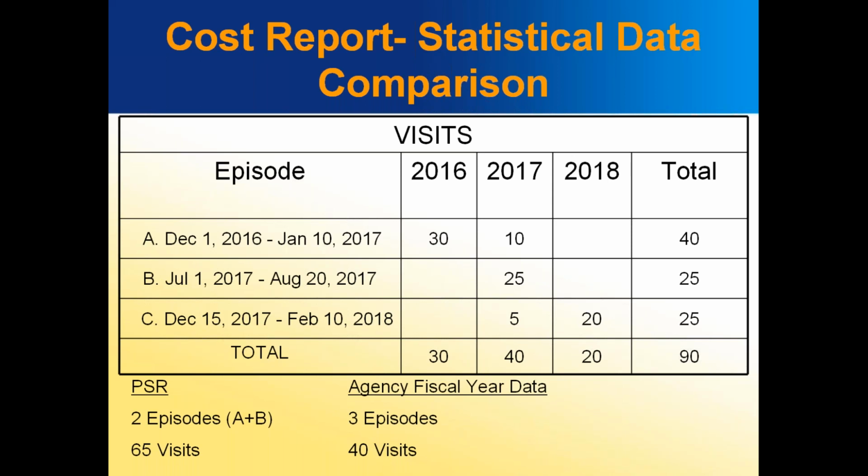Your agency data needs to reflect 3 episodes and only 40 visits, because those are the visits that occurred in 2017. Not the 90 visits that occurred for all 3 episodes, but only those that occurred in the reporting year. So as you can see, there is definitely different information on the PS&R and on the agency records. So it's important to have both sets of statistical data reported correctly on the cost report.